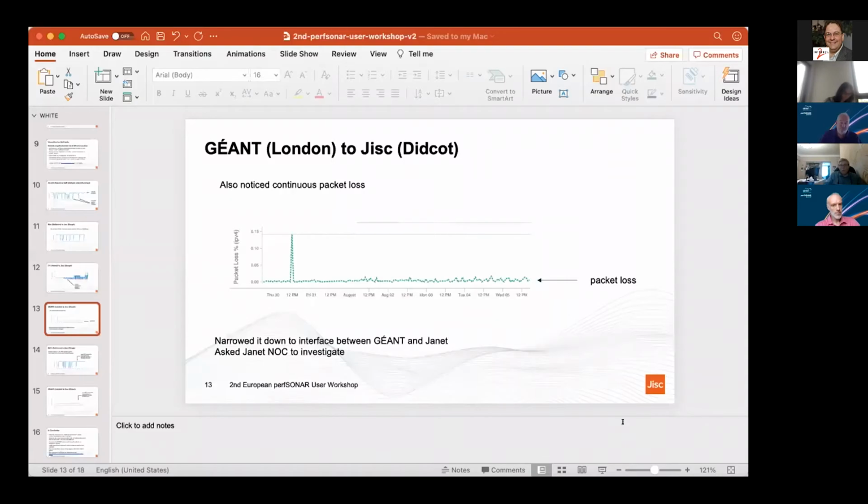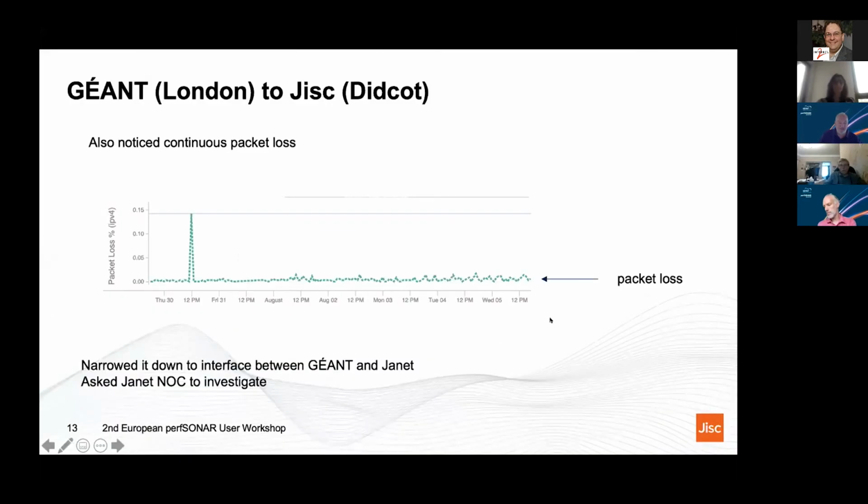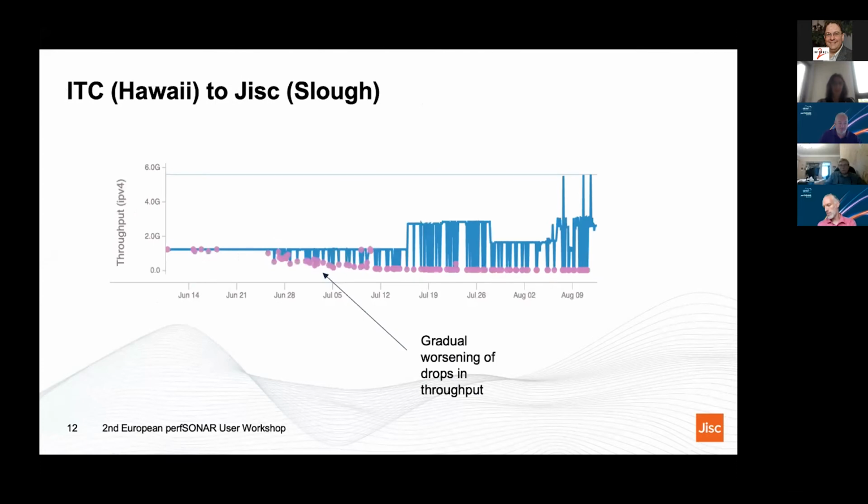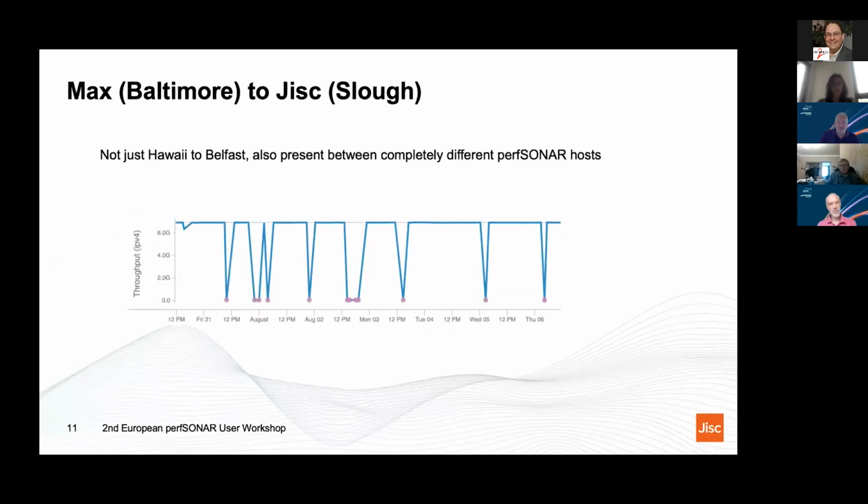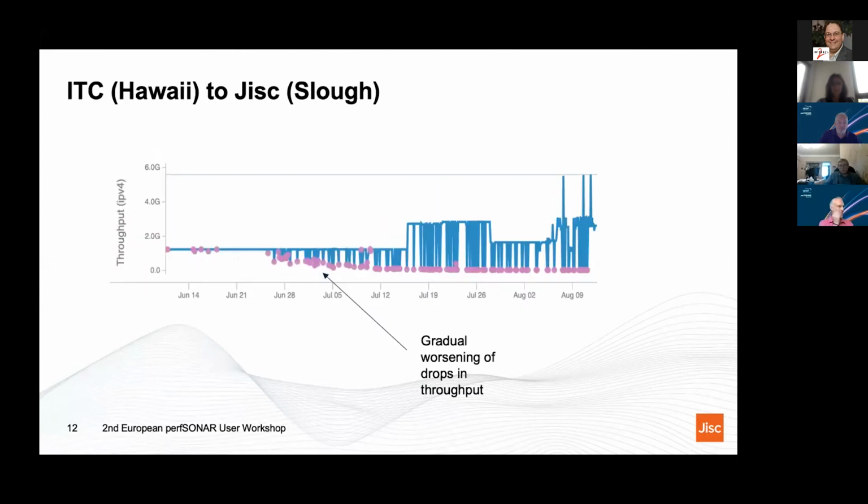So the ones where the issue was evolving. Yeah, I think that's from perfSONAR. That's perfSONAR, okay. It's just a slice of the full one. Yes, it's a screenshot. Okay, I thought it was different.